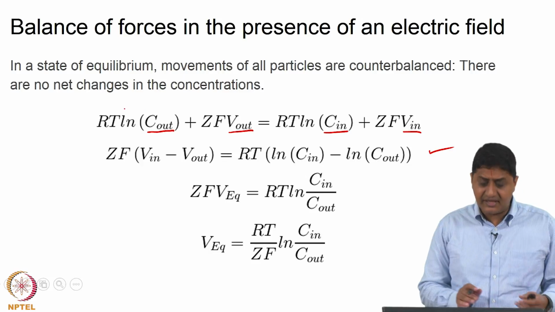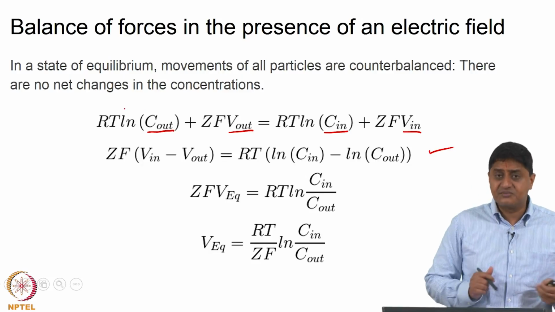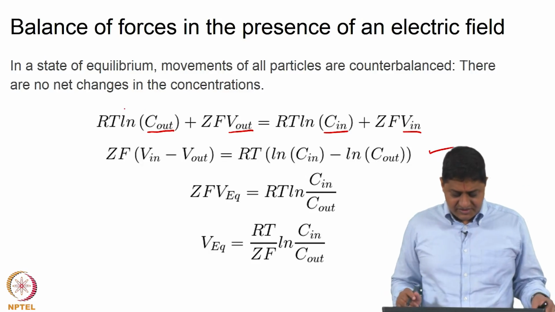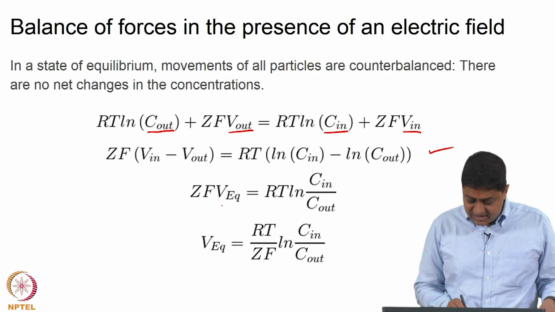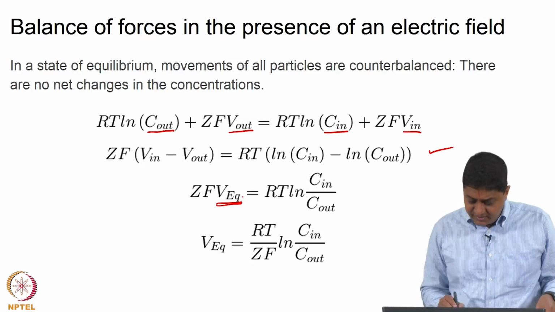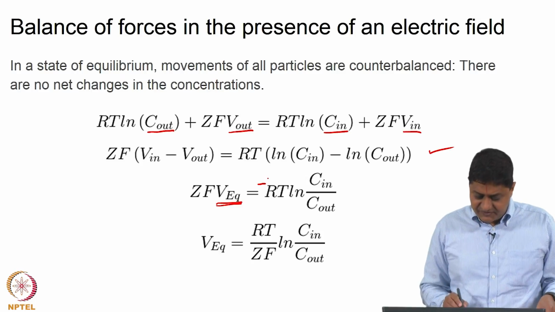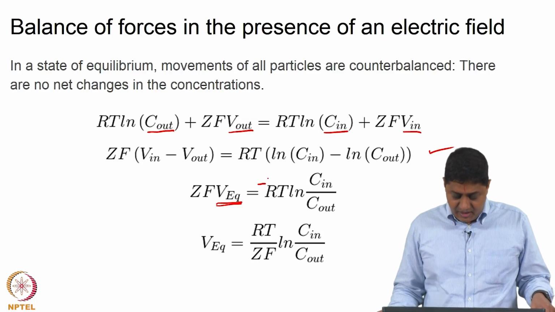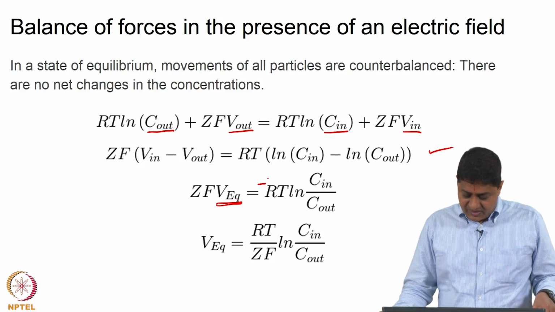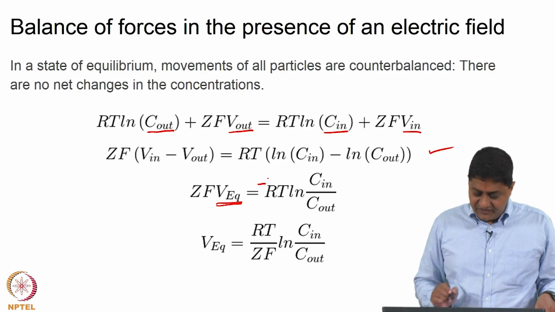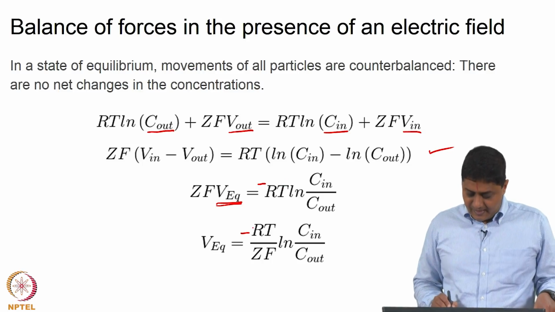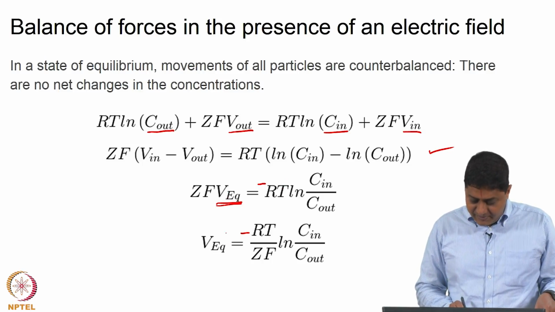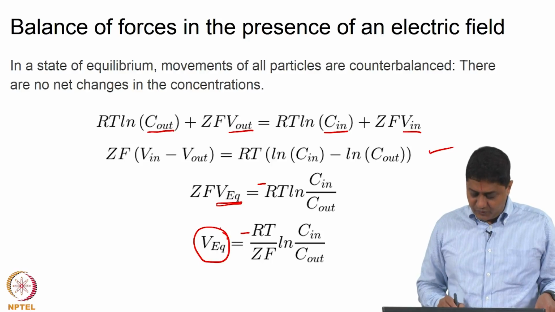So, basically I am taking the concentration terms on one side and the voltage terms on the other side, and then I am naming this difference as V equivalent, right. This is minus, because V equivalent is V out minus V in. So, basically Z of V equivalent will give me minus RT ln C in by C out, and so I am interested in knowing this value V equivalent.